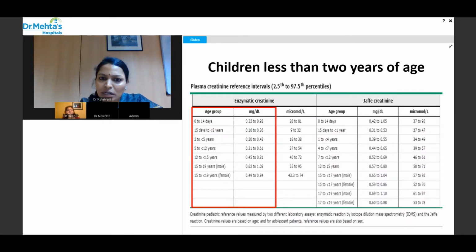For children less than 2 years of age, the above classification does not hold good because they normally have a very low GFR even when corrected for body surface area. So you need to go according to the serum creatinine, which is normalized for age.